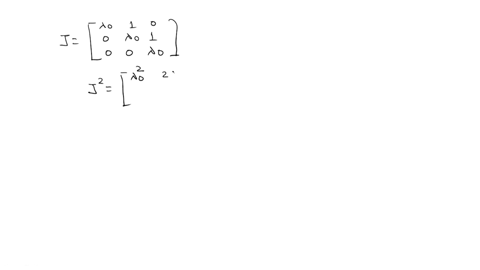So, it will become 2 lambda 0, then the next term will become nC2 lambda 0 raised to power n minus 2. As you know, here n is 2, so 2C2 will become 1. So, it will become 1, then 0, lambda 0 square, 2 lambda 0, 0, 0, lambda 0 square.